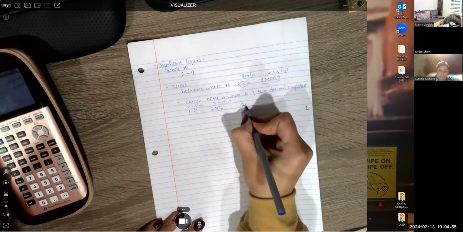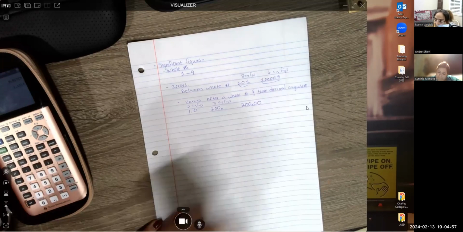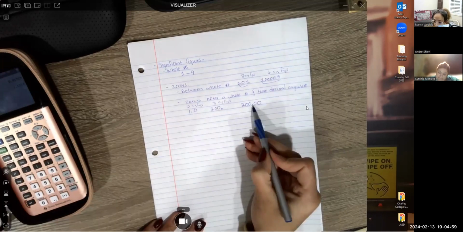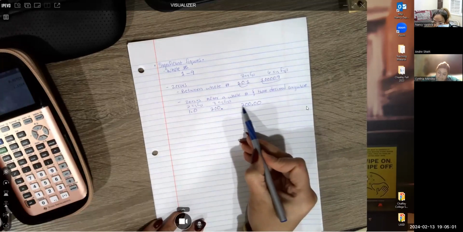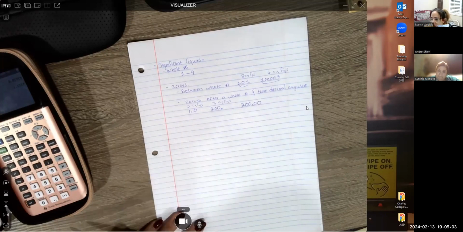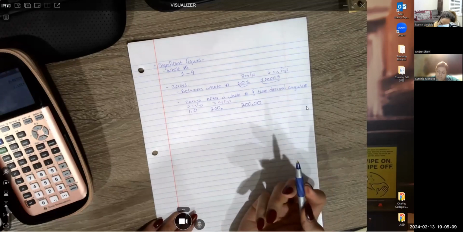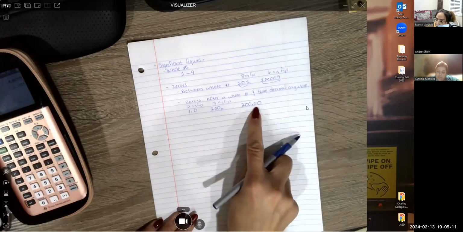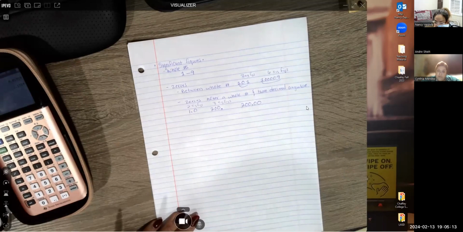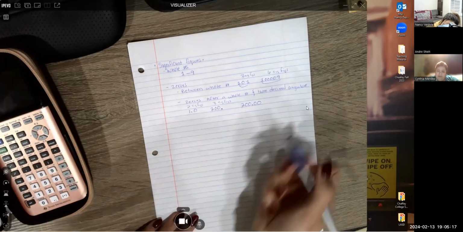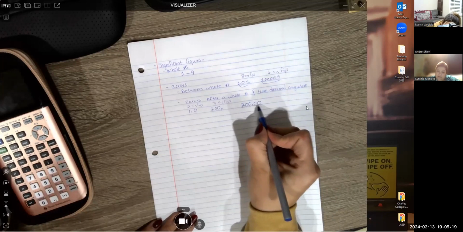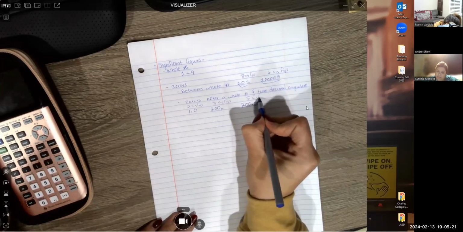If I had 200.00, these are also significant because they're all after a whole number, right? And there has to be a decimal point somewhere in them for them to count as significant. So how many sig figs do I have here? Would it be 5? Yeah, 5. 1, 2, 3, 4, 5. 5 sig figs. All right.